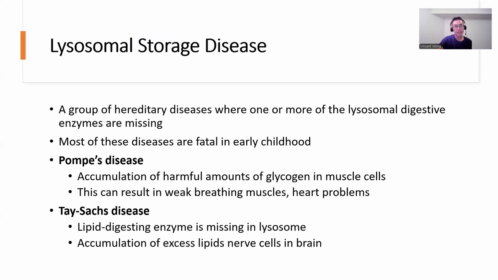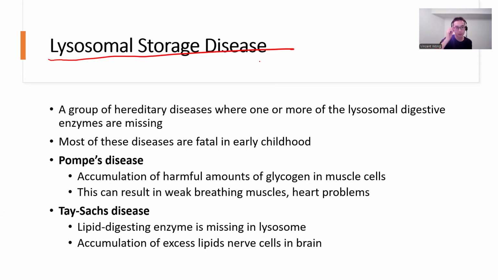Now, inside the lysosome, there is a mixture of enzymes. And these enzymes, as I said, are proteins. And the instructions to make these proteins are in the DNA. So it's possible for people to inherit mutated DNA, and therefore they are making the wrong enzyme. And depending on which of these enzymes are missing, it could lead to different diseases. Okay, so diseases related to enzymes in the lysosome, in general, are called lysosomal storage diseases.